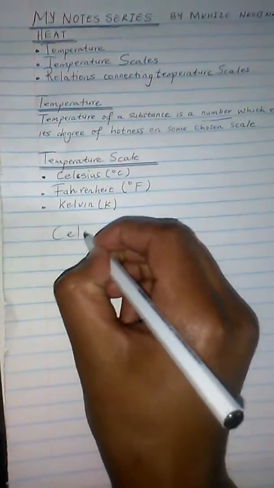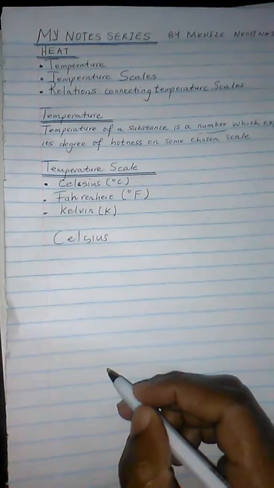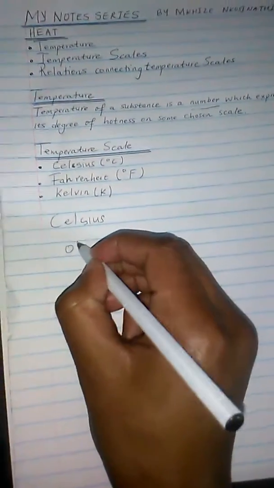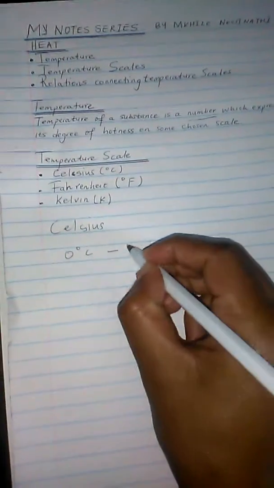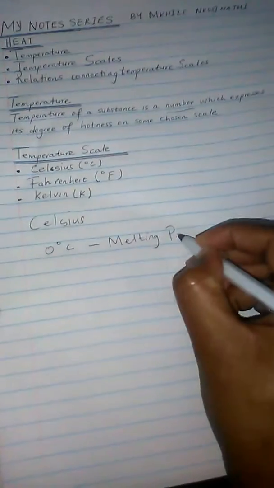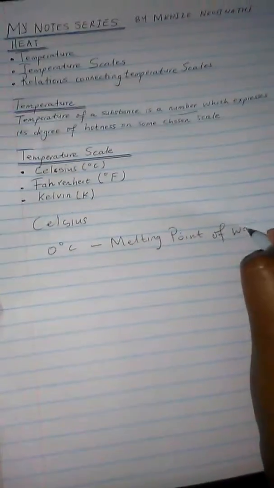If you look at the Celsius scale, what do we know? Well, we are aware that at 0 degrees we call this the melting point. So this is the melting point of water. And this is very important to know.